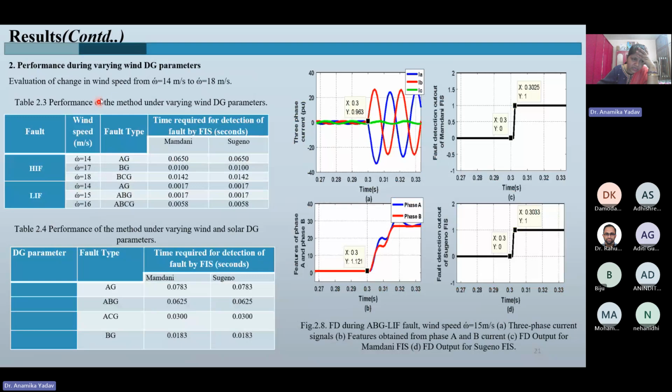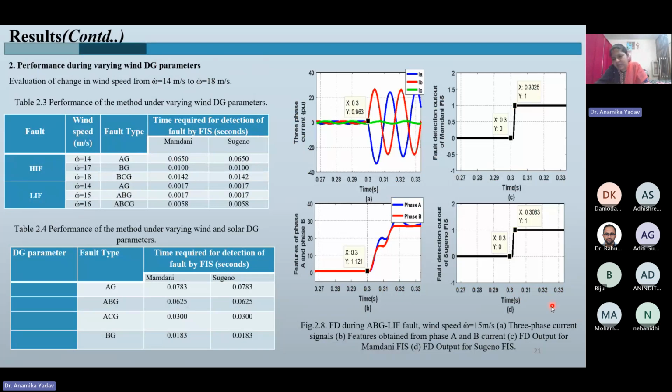Now we have also checked the performance for different types of high impedance and low impedance faults with varying wind speed. The wind DG herein may be subjected to different wind speeds. If wind speed is changed, how the fault detection time changes is shown in this slide.